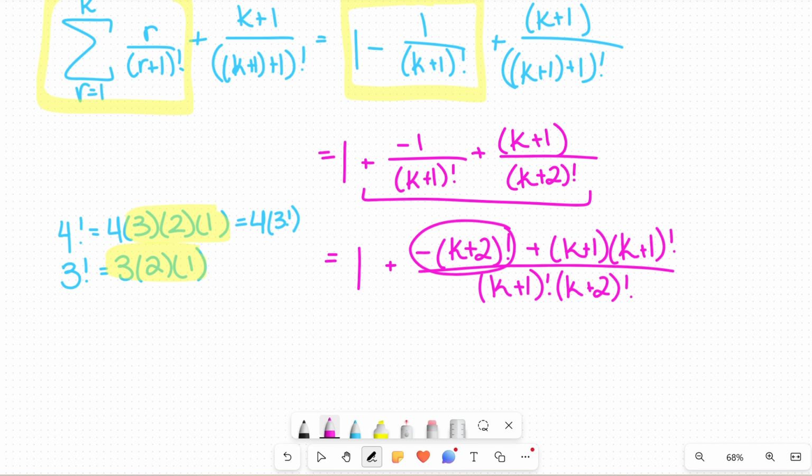I know that in my original problem, my goal is to get just a K plus 2 factorial in the denominator. So I need to get rid of this term right here. If I manipulate this to say K plus 1, I can factor out a K plus 1 for my numerator and cancel that with my denominator. So I'm going to change my numerator to say negative K plus 1 factorial times K plus 2, and then the rest of the equation is staying the same.